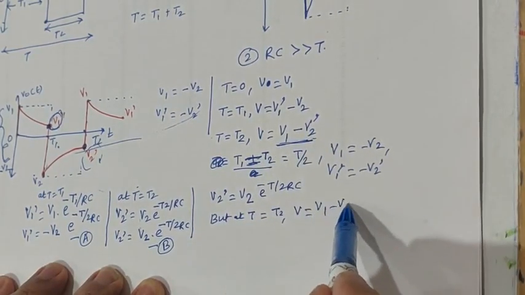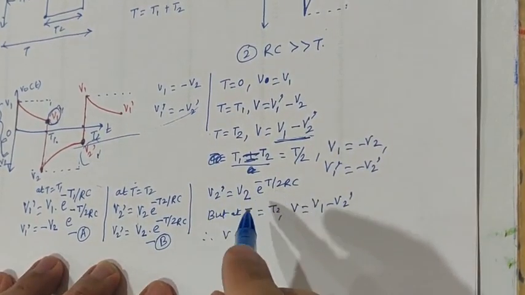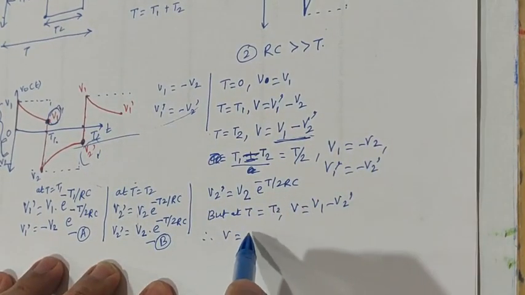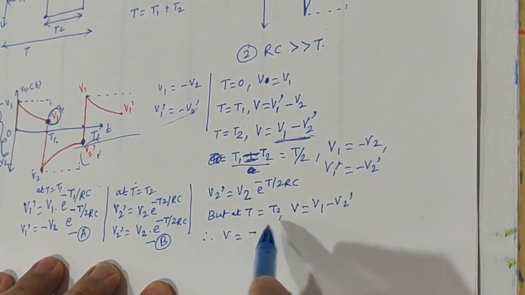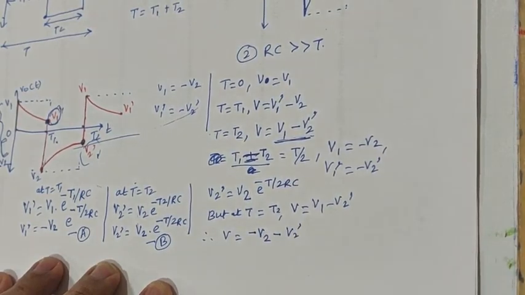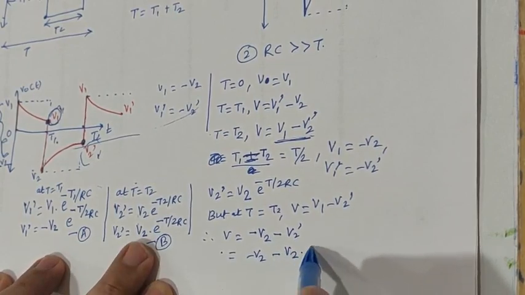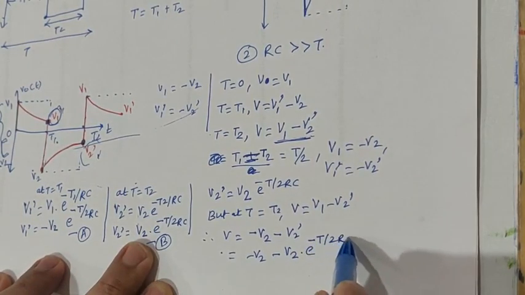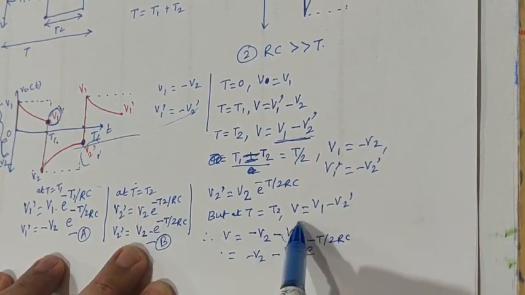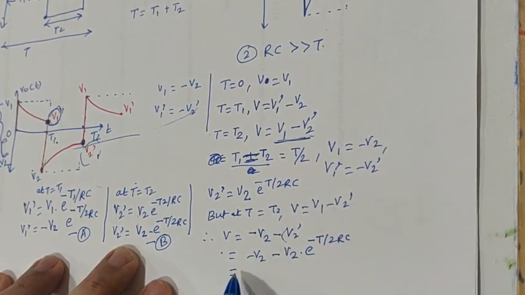Therefore V is equal to, V1 is replaced by minus V2, minus V2 dash. That is minus V2 minus V2 into e to the power minus T by twice RC. See, rather than V2 dash I am putting this value now, and V1 is replaced by minus V2. So this is the equation that I get.